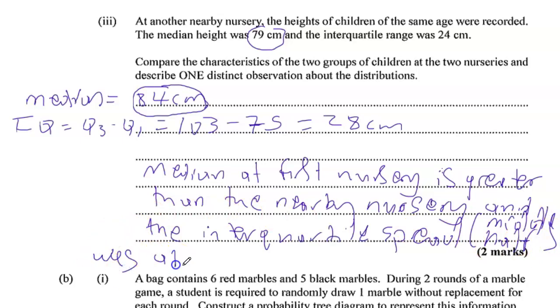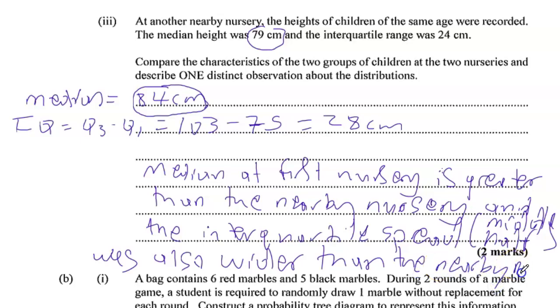It was also wider than the nearby nursery. The nearby nursery has an interquartile of 24, and the original nursery has an interquartile of 28.